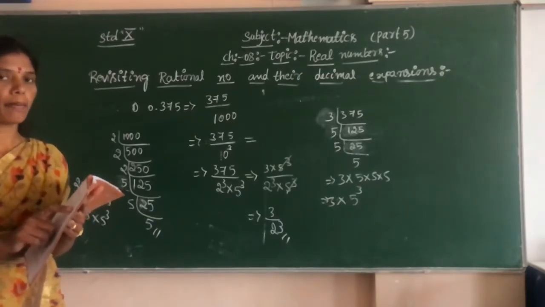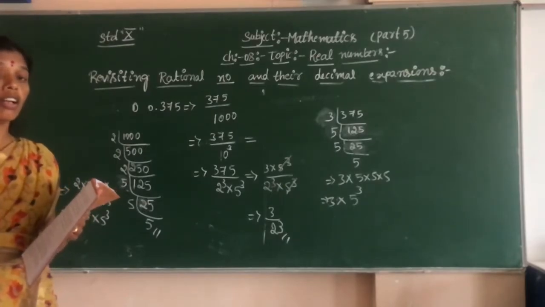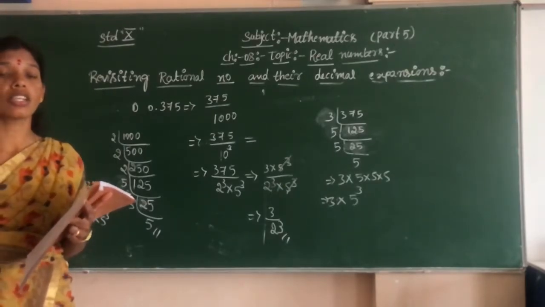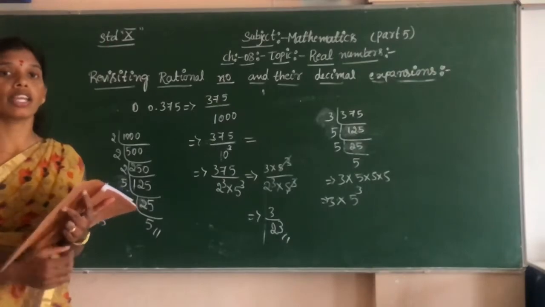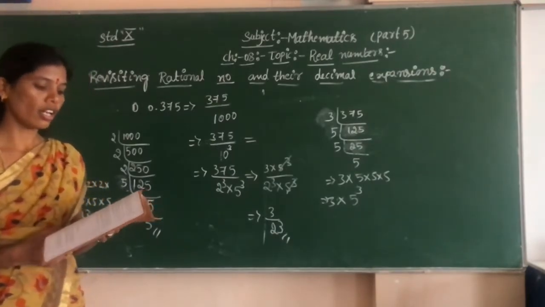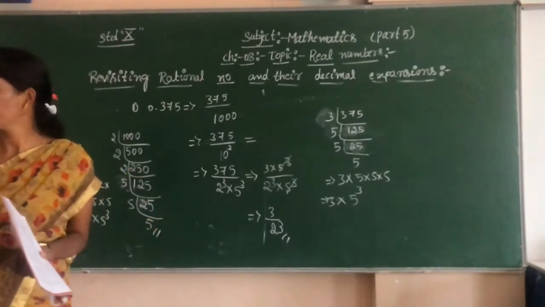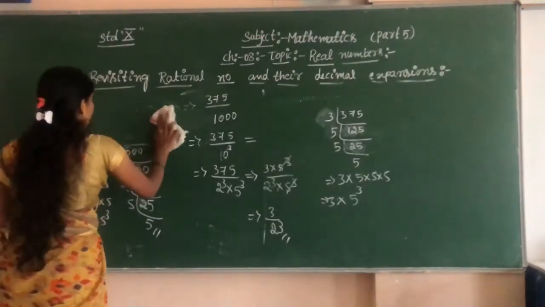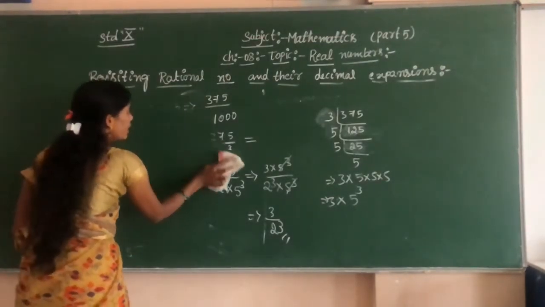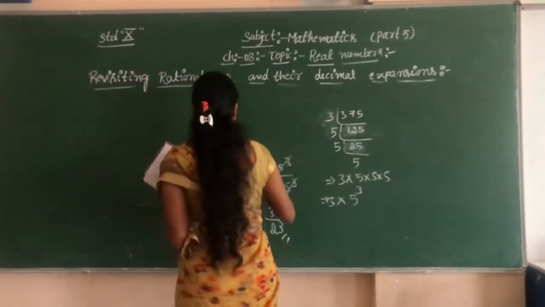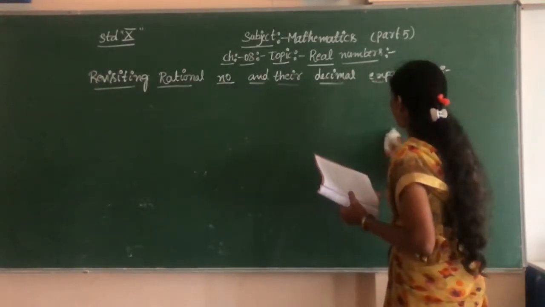Already you know n and m are non-negative. Non-negative means no minus sign. Okay children, you see the theorem. You do the second one and third one using the prime factorization method.